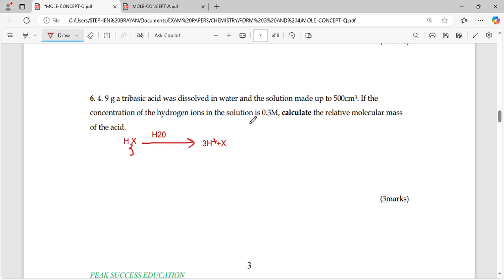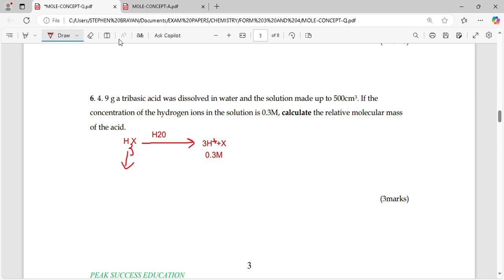Now we've also been given the concentration of hydrogen ions, which are these ones. What is the concentration of hydrogen ions? 0.3 molar. And then you've been provided with the grams of the dibasic acid that was used in this particular experiment. I want you to be very keen here.